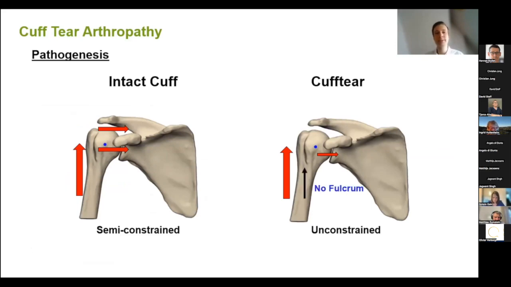This can lead to superior migration of the humeral head as the deltoid pulls upwards and the rotator cuff fails to contract, because this semi-constrained joint has turned into an unconstrained joint. So the glenohumeral joint wear occurs as a result of this altered biomechanics, which can eventually lead to a non-functional shoulder.